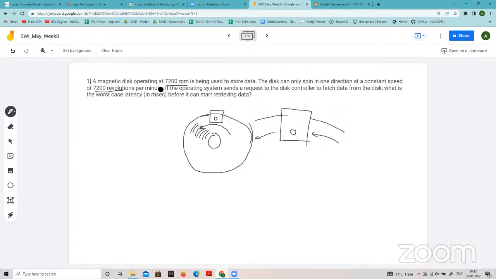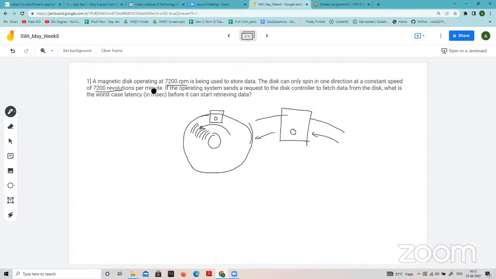Rating of the disk means 7200 rotations per minute, or revolutions per minute, would be the maximum at which this disk rotates. At the state when we were trying to read the data, or at this current instant, there can be a different speed of the disk with which it is revolving and retrieving data.